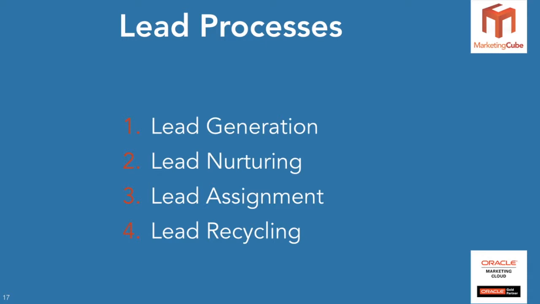Now, at some point, that nurturing campaign should hopefully lead to an assignment of some sort, and that assignment typically lives within the CRM. So the CRM is usually where leads are assigned once they're received by the sales team. And then, of course, there'll be processes along the way where opportunity management kicks in, etc.